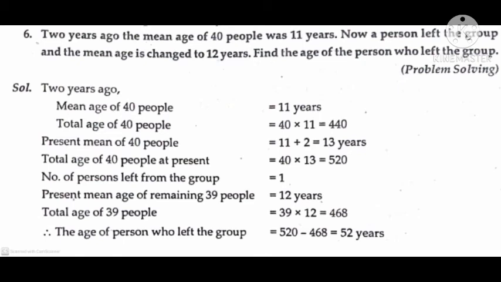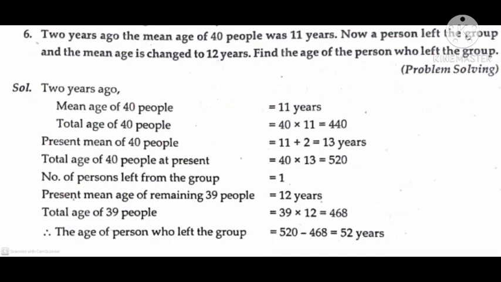Present mean of 40 people is 11 plus 2, that is 13 years. Total age of 40 people at present is 40 into 13, that is 520. Therefore, the number of persons who left the group is 1 person. Present mean age of the remaining 39 people is 12 years.